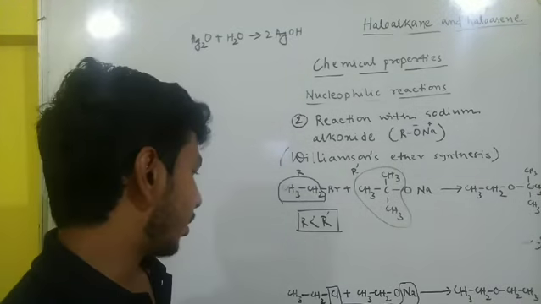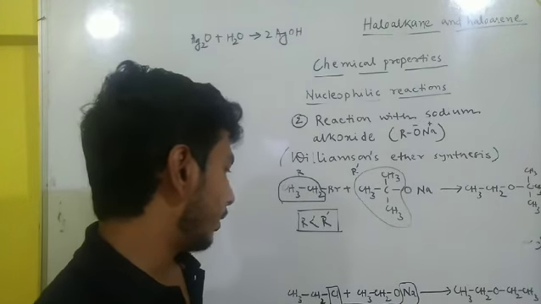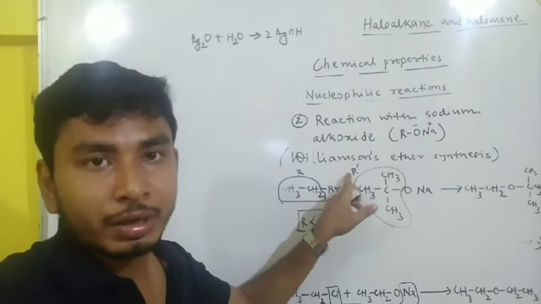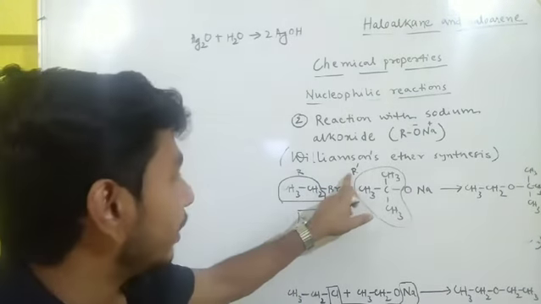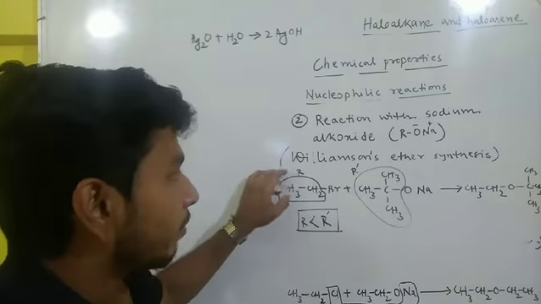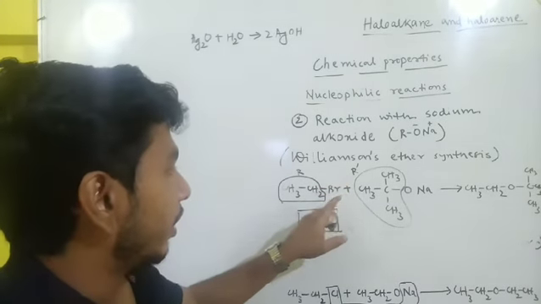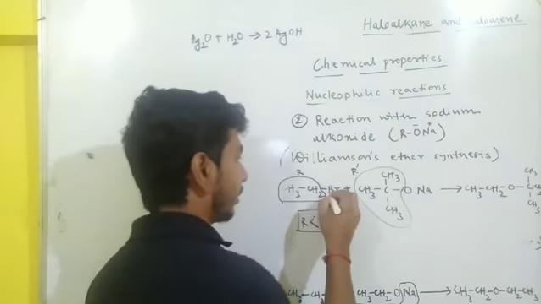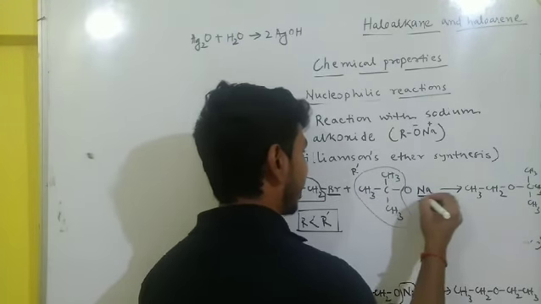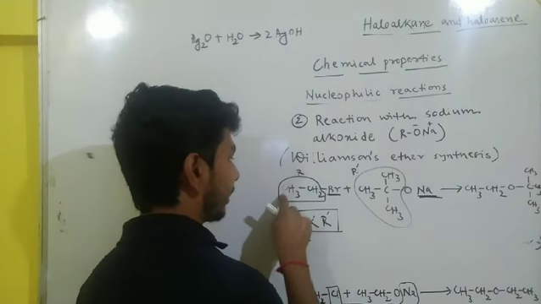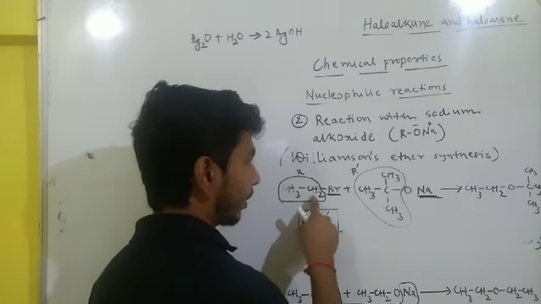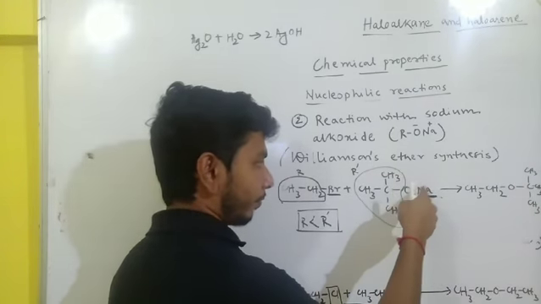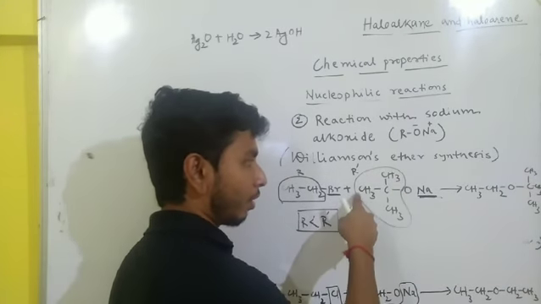So here the two alkyl groups are dissimilar, and R should be smaller in size than R dash. Then NaBr is eliminated, this Na and this Br. After CH3CH2, the Br is removed, and we have to consider bond formation from the side of the oxygen, not from the carbon atom.